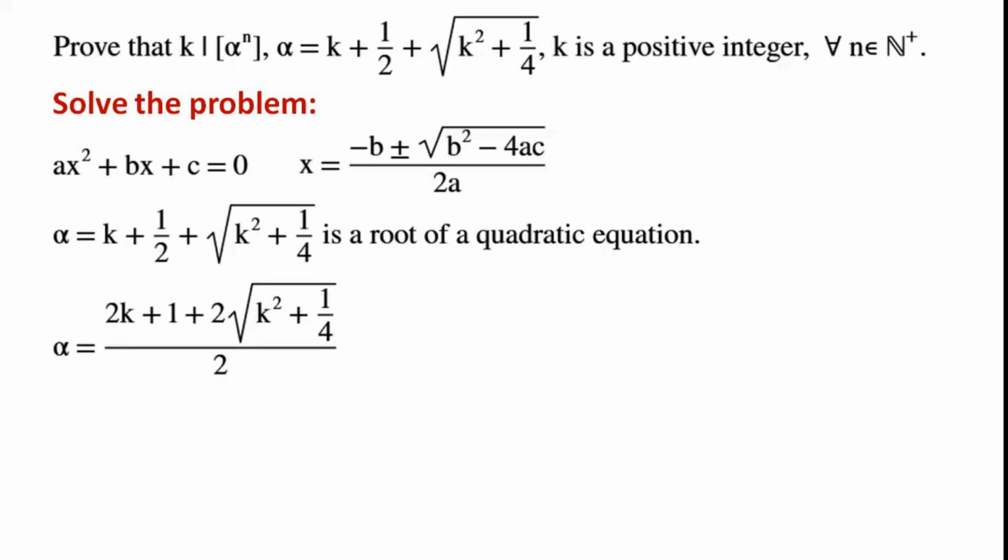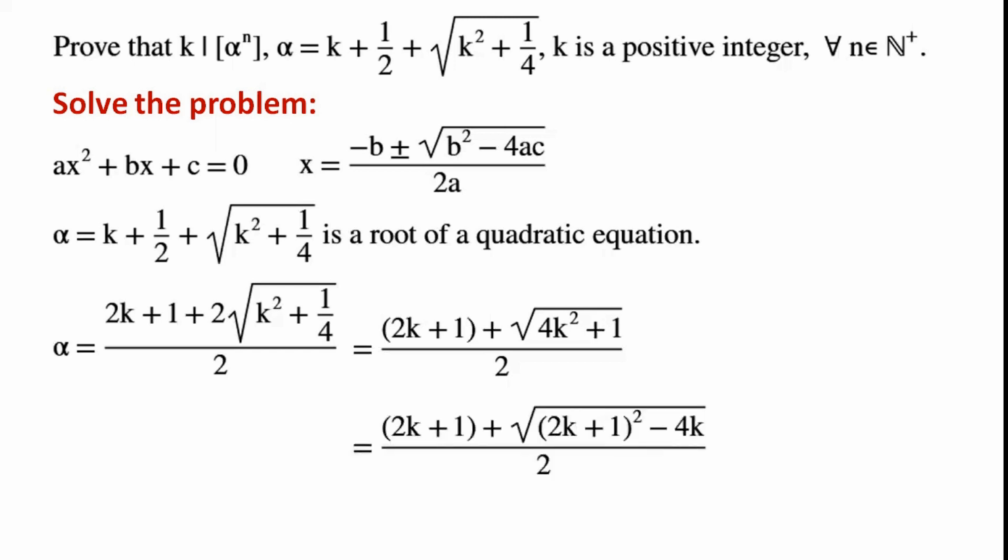To find the quadratic equation, we rearrange alpha. Alpha can be written as 2k plus 1 plus 2 times root of k squared plus a quarter, over 2, which equals 2k plus 1 plus root of 4k squared plus 1, over 2.